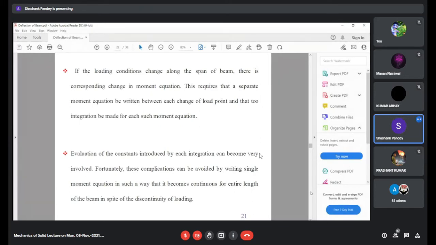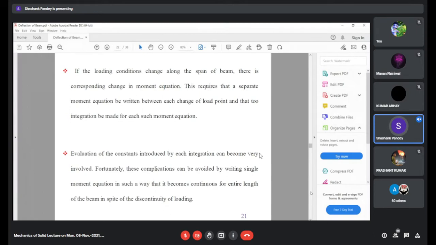So if we have different loading conditions along the length of the beam, then we have to write the moment equation for that, and with every change in load, the moment equation changes. So for evaluation of constants, if we double integrate the moment, we will get two constants, C1 and C2, and we are interested in determining the values of those constants.